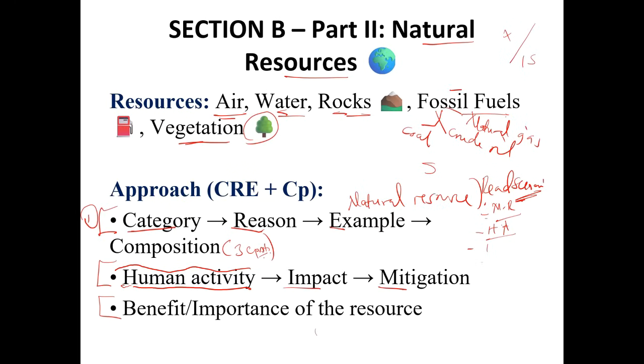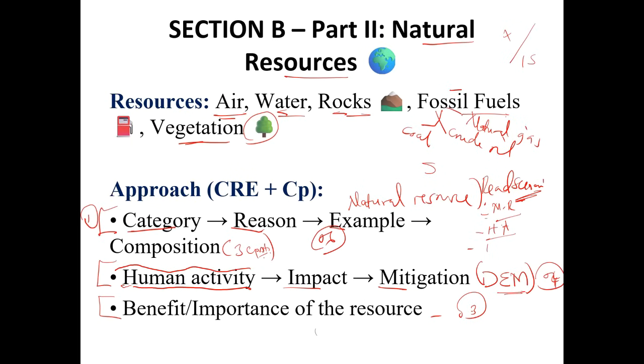Here we expect you to talk about the danger of that human activity, its effect, explain that danger, and then you mitigate. When you do all that, you get all the 6 scores. Here you get the 4 scores, and finally you can get all the 3 scores.